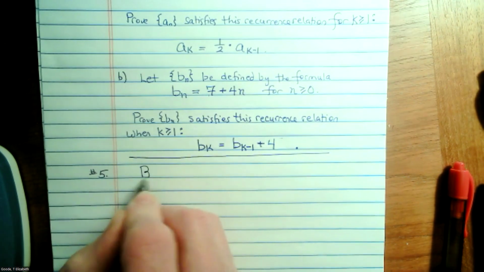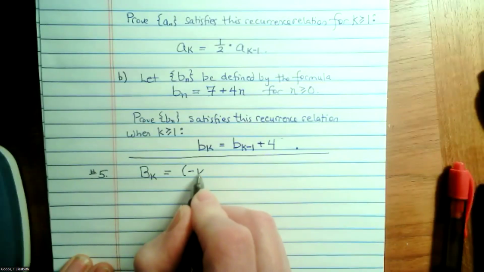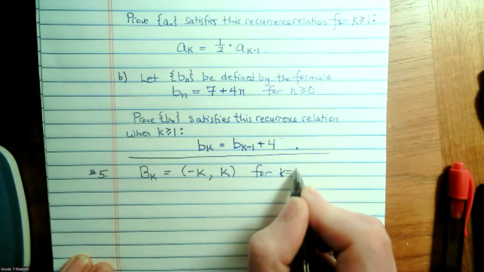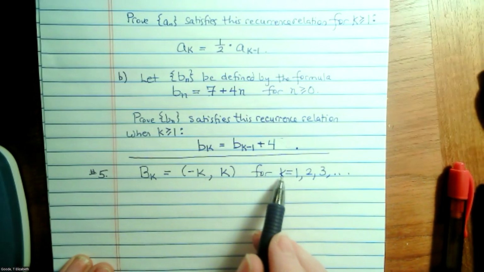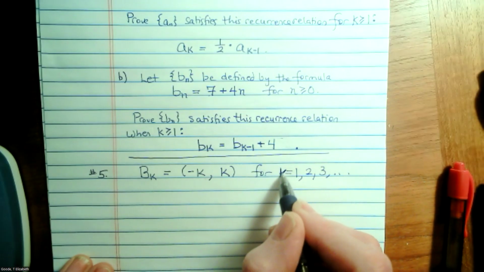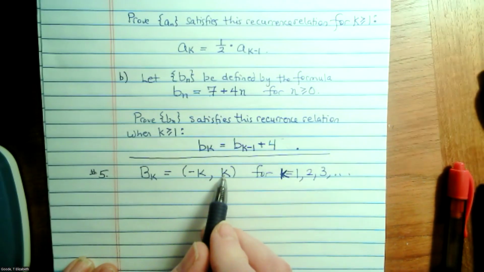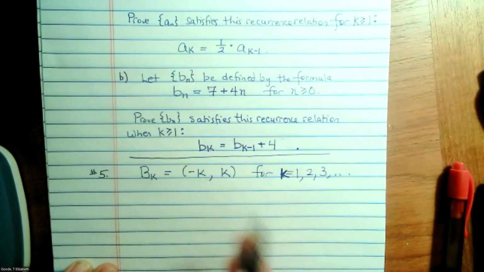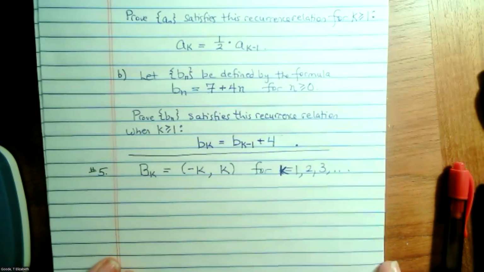B sub k is defined to be the interval between minus k and k, for k equals 1, 2, 3, dot dot dot. I wouldn't want k to start at 0, because then this would be from minus 0 to 0, but not including the 0, right? Because soft brackets mean don't include the endpoints. And that wouldn't be a nice thing to do to you.